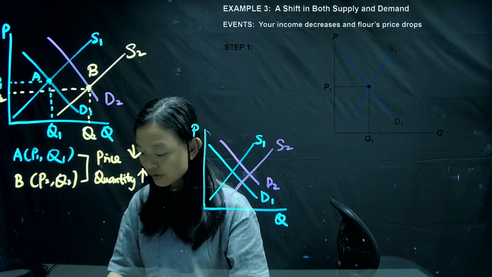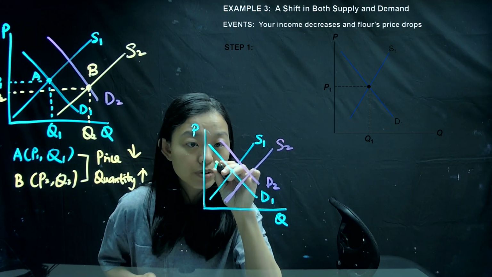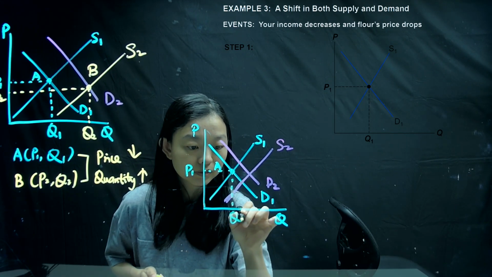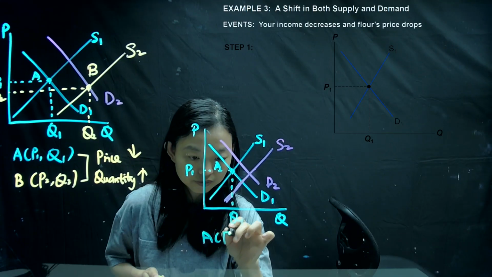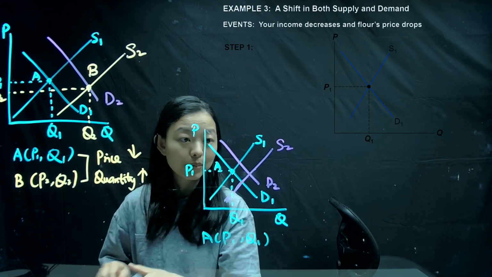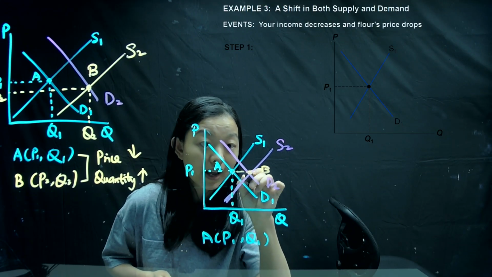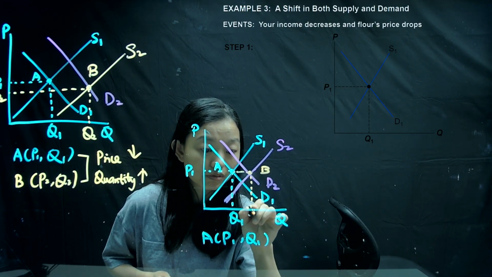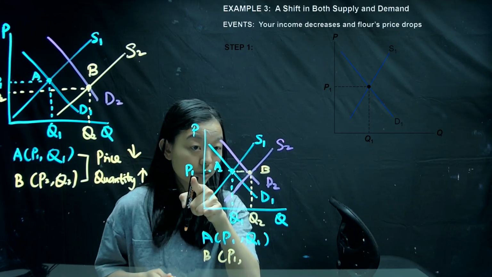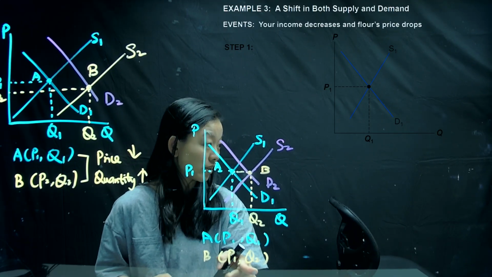Now compare with our original equilibrium point. This is our original equilibrium point, right? Point A. And our new equilibrium point is at this one, right? Point B. We might have the same price as the original equilibrium point, but we have more quantity, right?